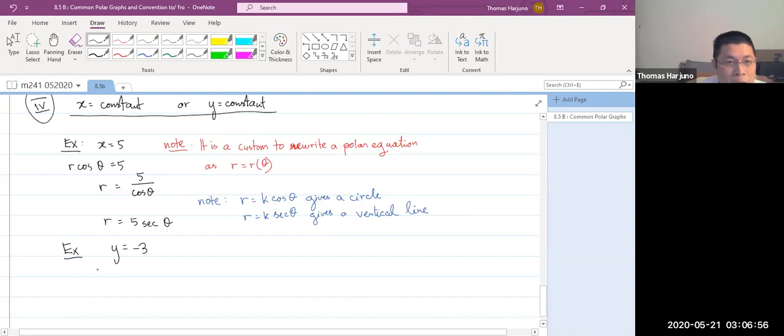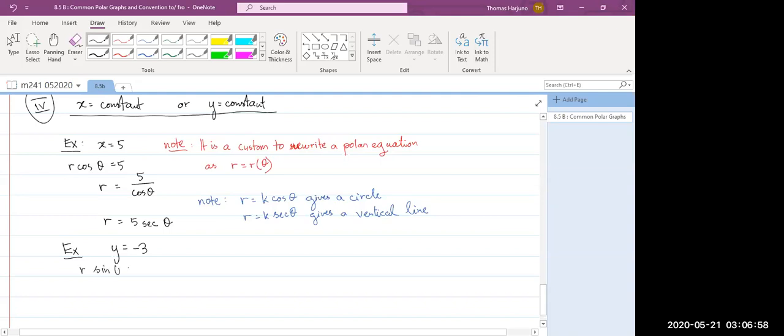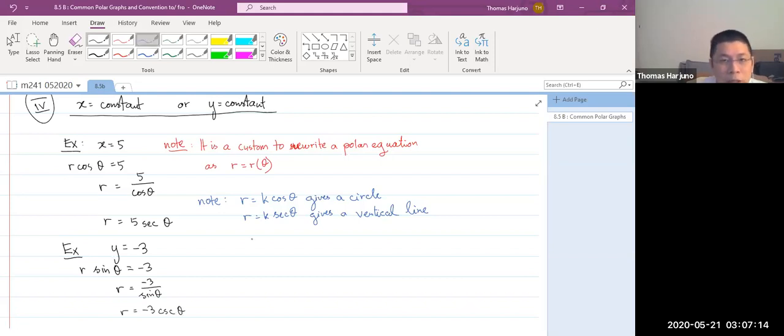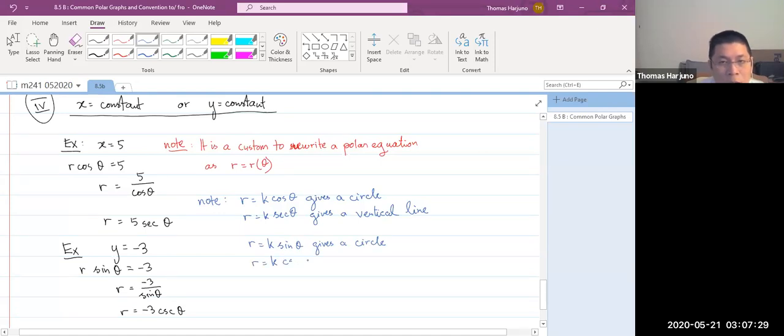This will be r sine theta equals -3, r equals -3 over sine theta. That's r equals -3 cosecant theta. As you can see again, r equals k sine theta gives a circle. r equals k cosecant theta gives a horizontal line.